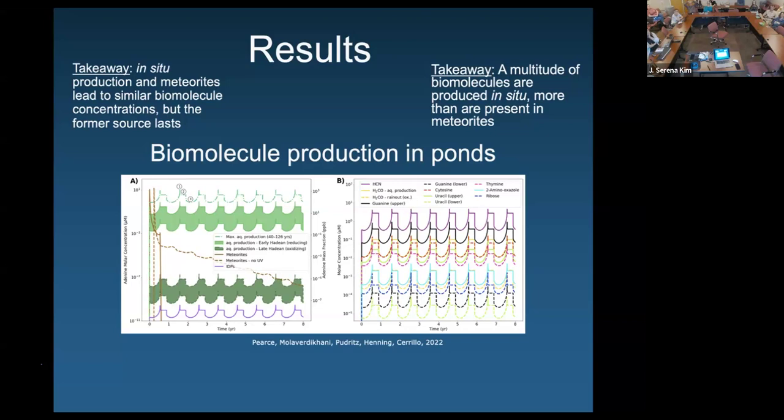Depending on environments, you won't get this longer than a century or so, whereas with this steady infall over 200 million years before the atmosphere becomes oxidized, you can maintain a parts per million level of this material in your ponds. This oscillation has to do with your pond wet-dry cycles, by the way, which drive the formation of these different species. And here we've got uracil, guanine, et cetera. So we can calculate the resulting concentration of these materials in our ponds fed by this source.